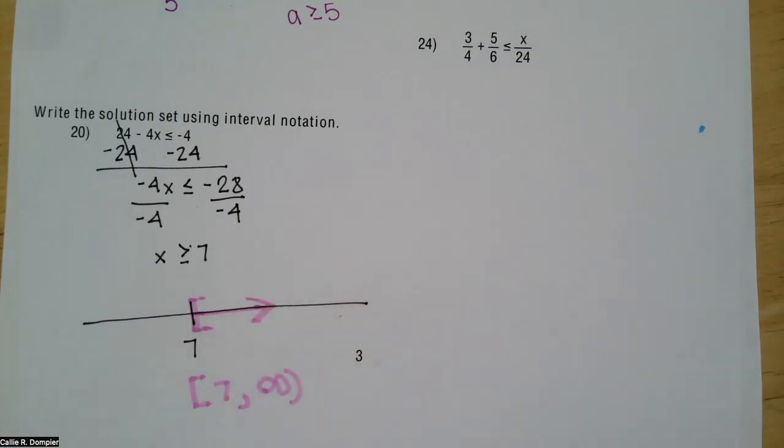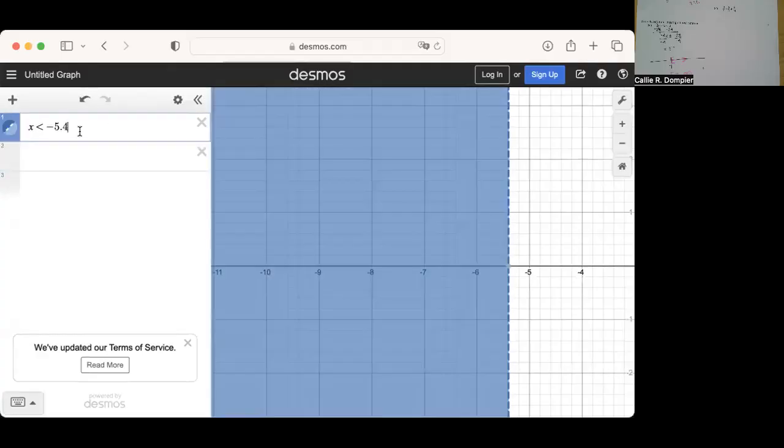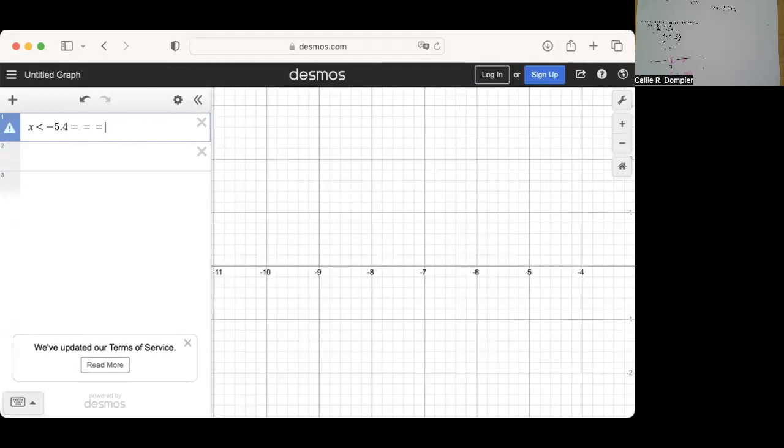Okay. Also, a way to check your answer would be, I got x is greater than or equal to 7. You can take that solution and put it in Desmos. X is greater than or equal to 7.